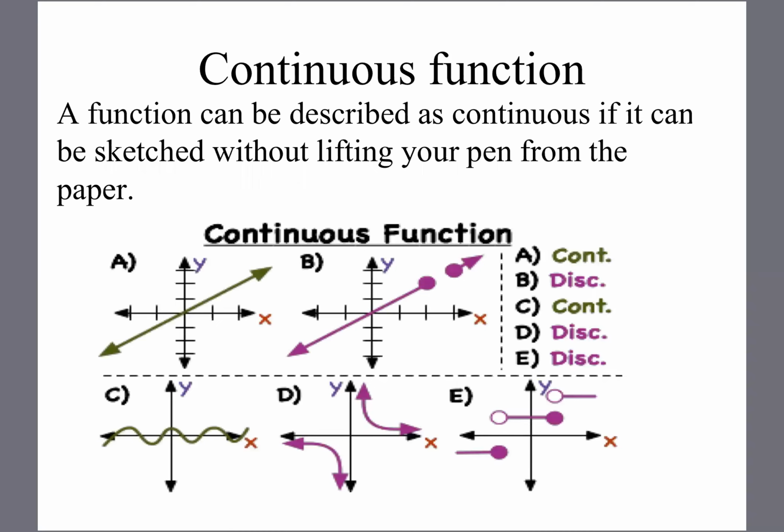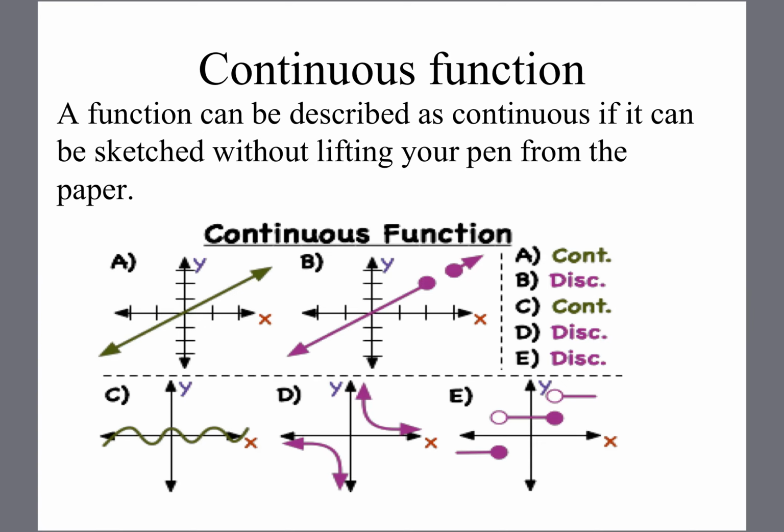So now I will show you another thing. This is another important part, continuous functions. A function can be described as continuous if it can be sketched without lifting your pen from the paper.